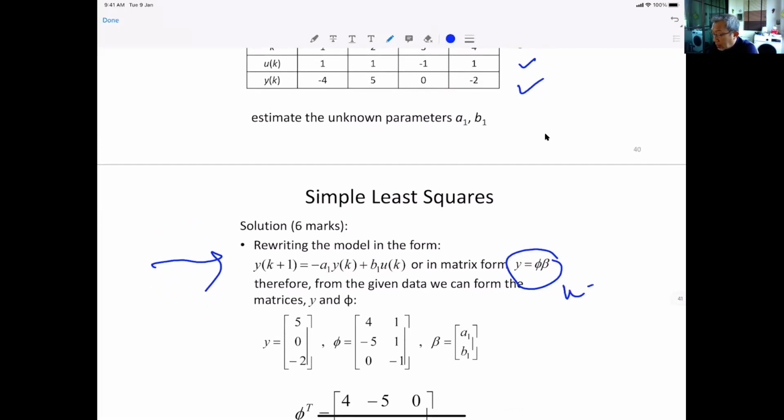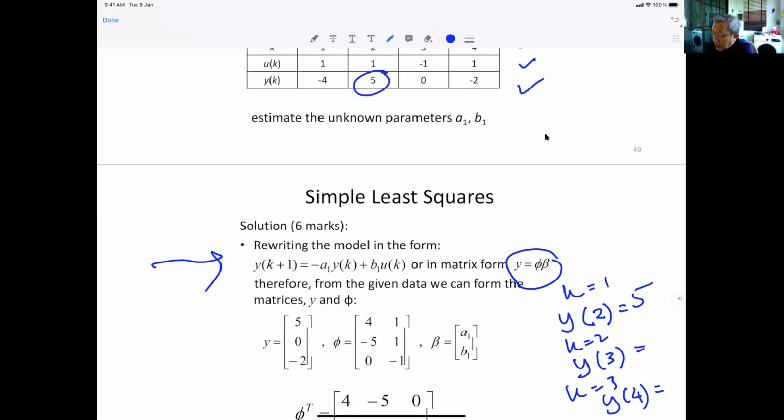Let k equal 1, y2. K equal to 2, y3. K equal to 3, y4. So when k equal to 1, y2 is 5, and then y3 is 0, and then y4 is minus 2.